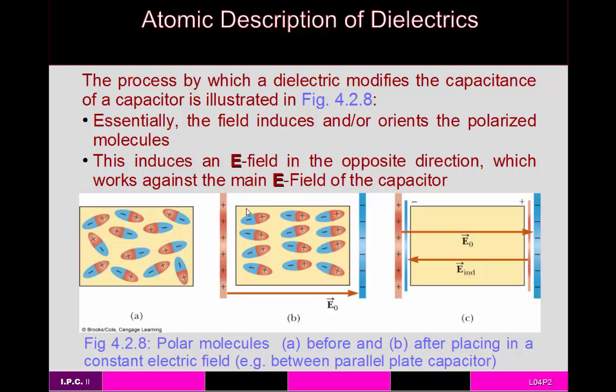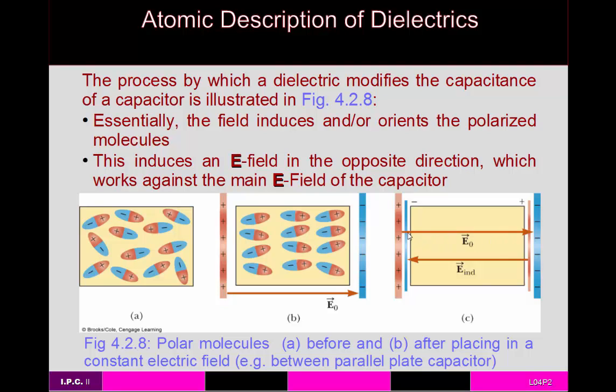So what does that do? Well, effectively what it does is it decreases the spacing between the two plates in this capacitor. It's sort of like having a new plate with a negative charge inserted here, very near to the positively charged plate, and like having a new plate of positive charge very near to the negative plate.